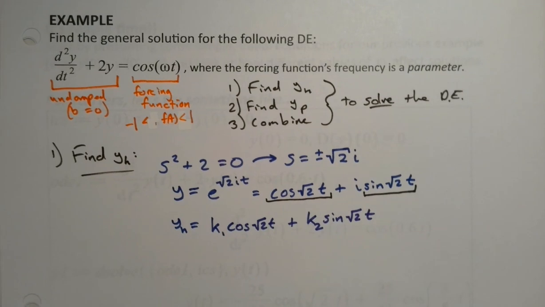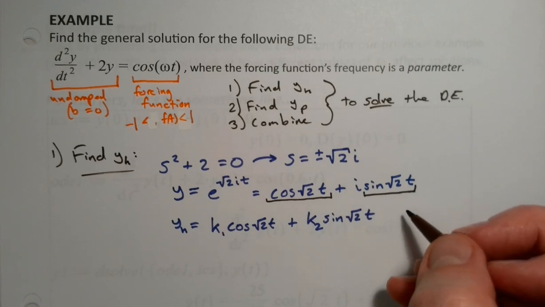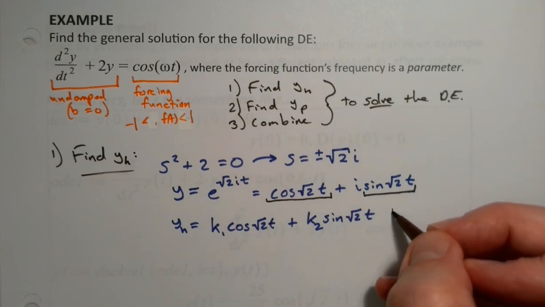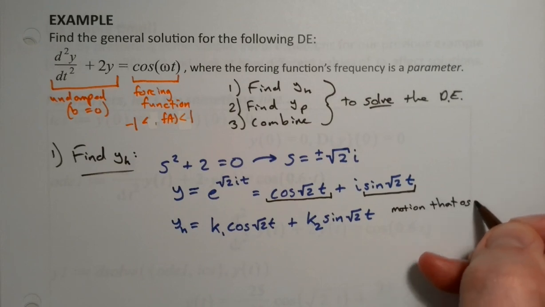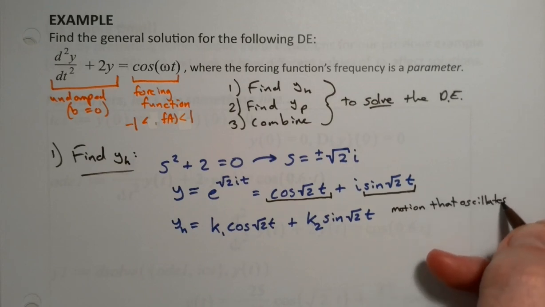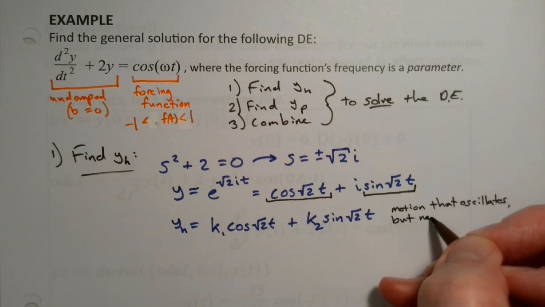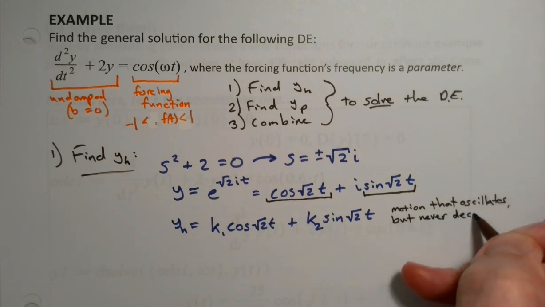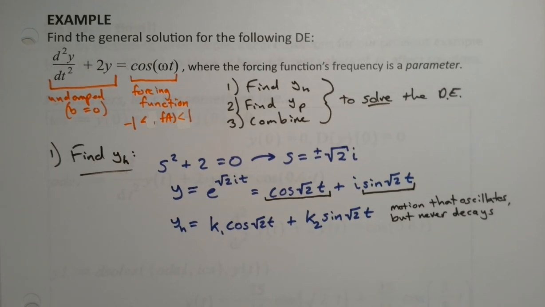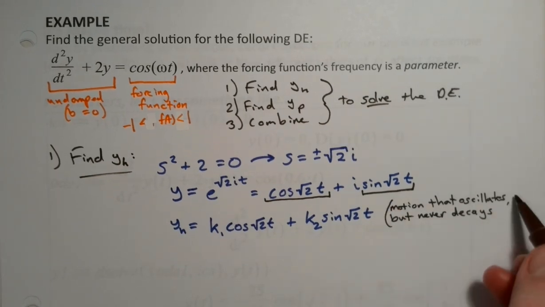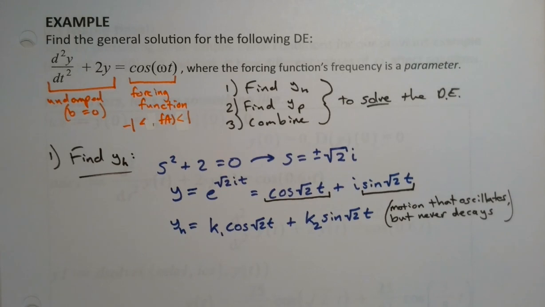And what you see here is evidence that our homogeneous solution is telling us we have motion that oscillates but never decays. So once you set this harmonic oscillator in motion, it just keeps oscillating back and forth, and it's never going to decay.